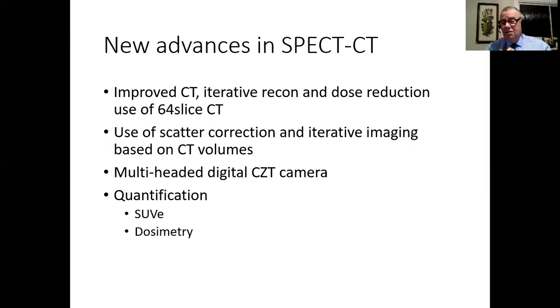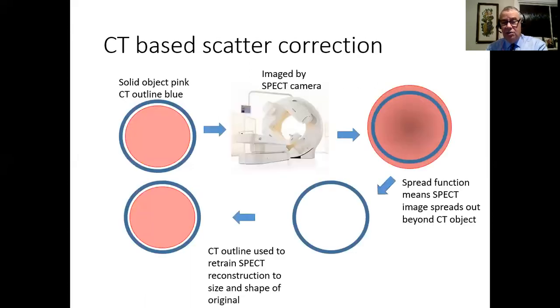Also, there are lots of these multi-head cameras coming, which enable you to do quite rapid SPECT-CT, so you'll be able to do more SPECT-CT in more areas. You can do a whole body SPECT-CT on one of these machines in about 10 minutes. These look like big CT scanners. Also, we can do quantification, which may or may not be useful.